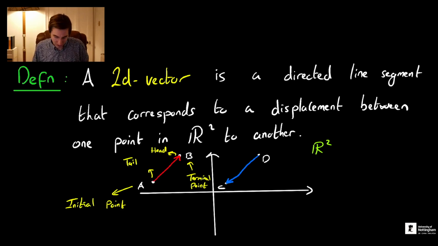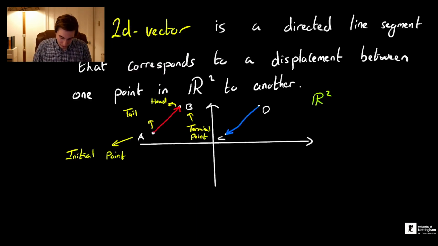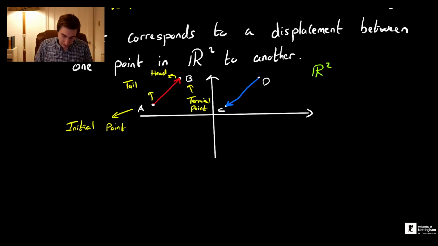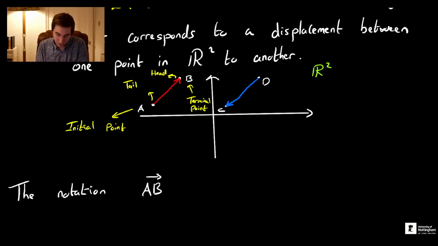So that's some notation there. And how can we also write these vectors down? So A and B here are points in R2. So we sometimes write this vector, say this red vector here, with the notation AB with an arrow on top, to mean that we're starting at A and ending at B. This is used to notate vectors.